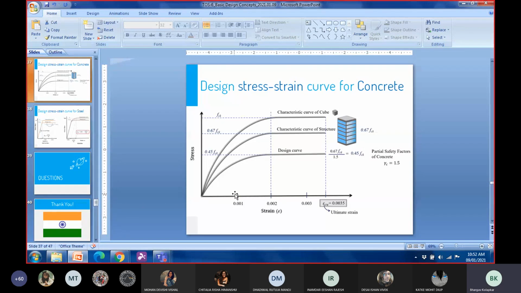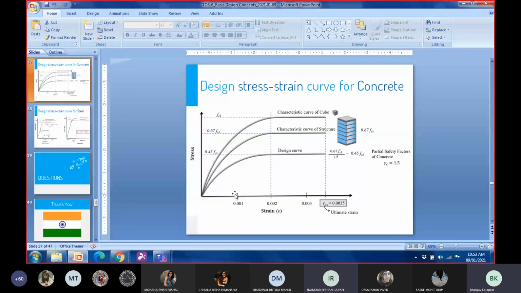So the factors are different. It depends on what your standard specimen is. Ours is cube, so use the factor that is given, which is 0.67. Reduce this 0.67 by the partial safety factor, that is 1.5, and you'll get 0.447, which is approximately 0.45. So if the cube gives, if I test it in the lab, 40 megapascals, in the actual structure I'm going to use 0.45 times 40, which is 22.5 megapascals. This is the baseline. Got it. Yeah.